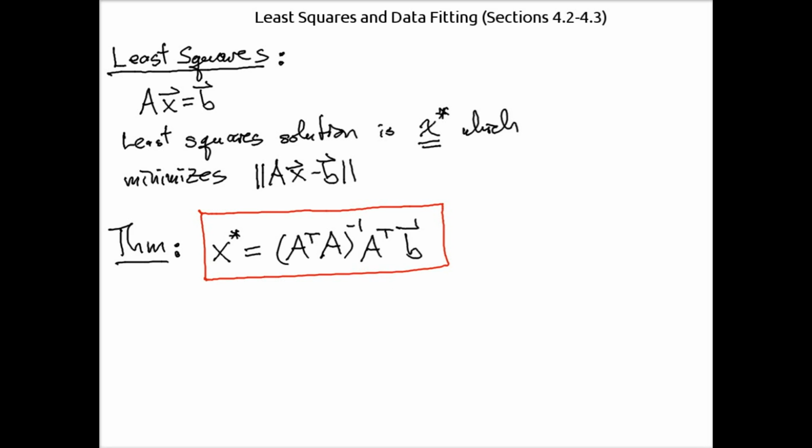I've proved this already, I'm just restating it. This of course is my K inverse, and this is simply my F, and that's the formula that I gave for Kx star a few slides earlier.